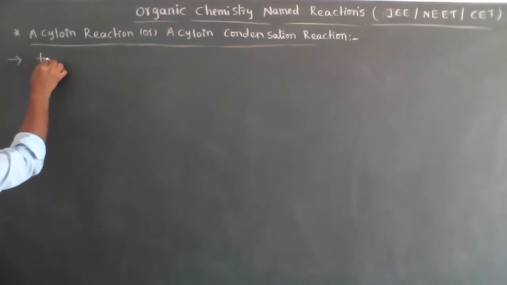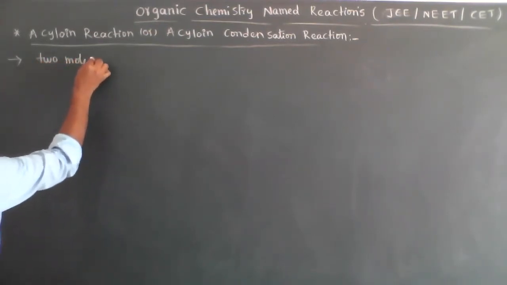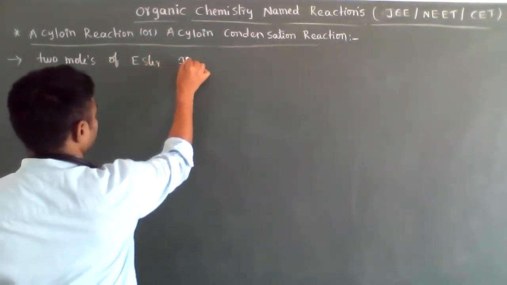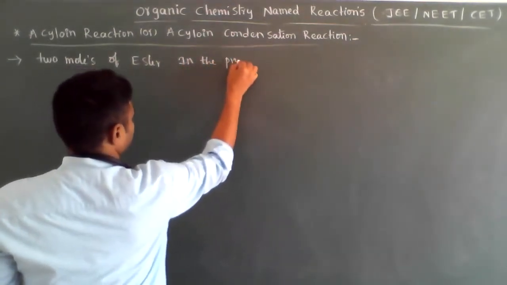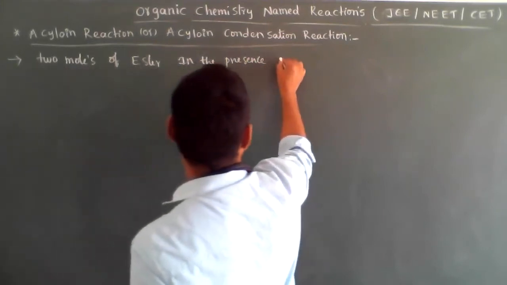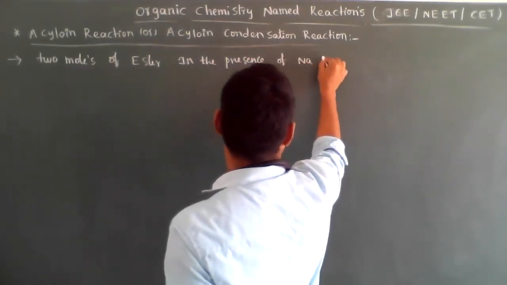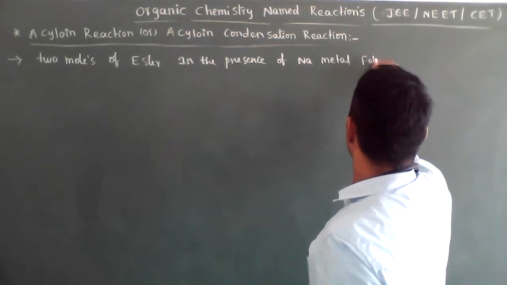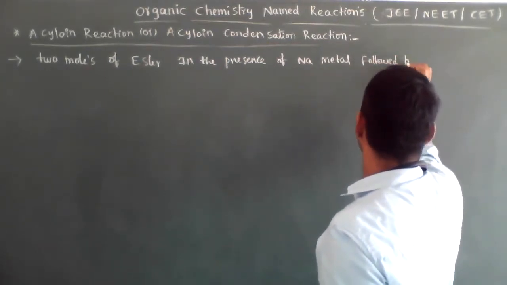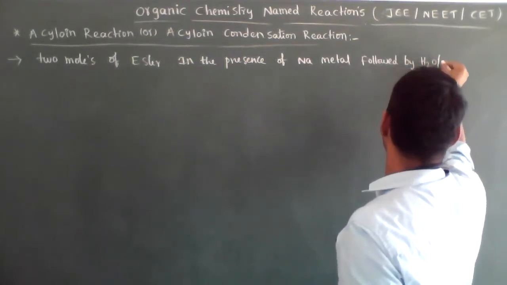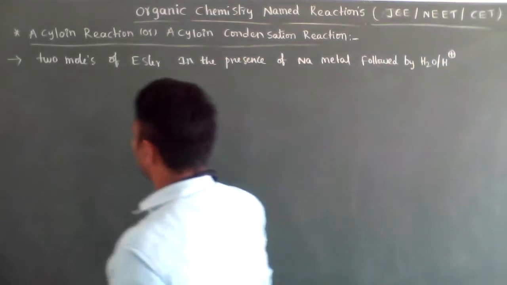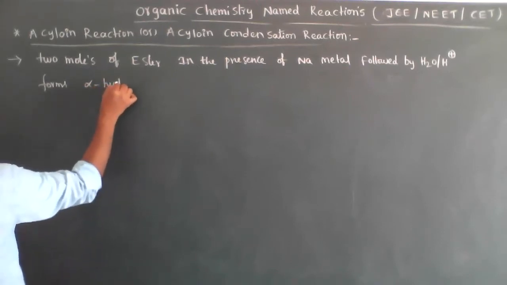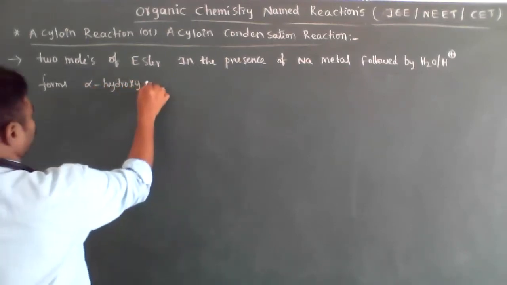Two moles of ester in the presence of sodium metal, followed by hydrolysis in acidic medium, forms alpha hydroxy ketones.